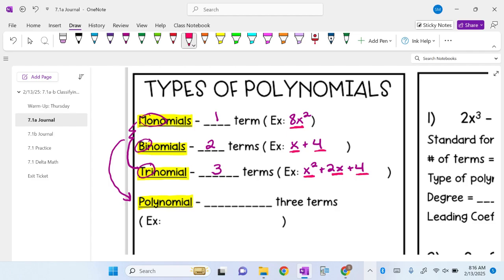Now, if it has more than 3 terms, it is considered just a polynomial. There's no fancy name for it. If it has more than 3 terms, so 4 terms, 5 terms, 6 terms, and so on, it will be considered just a polynomial. An example of that would be x cubed plus 2x squared minus 4x plus 5.